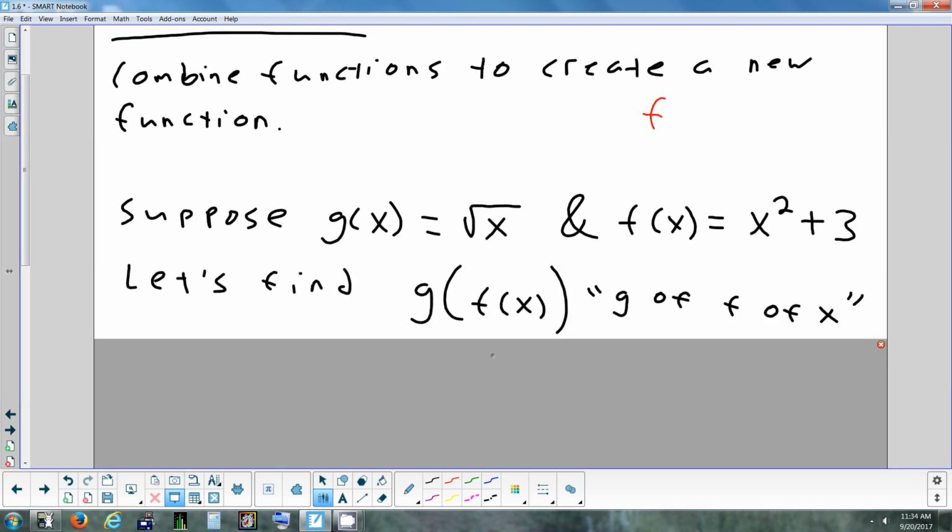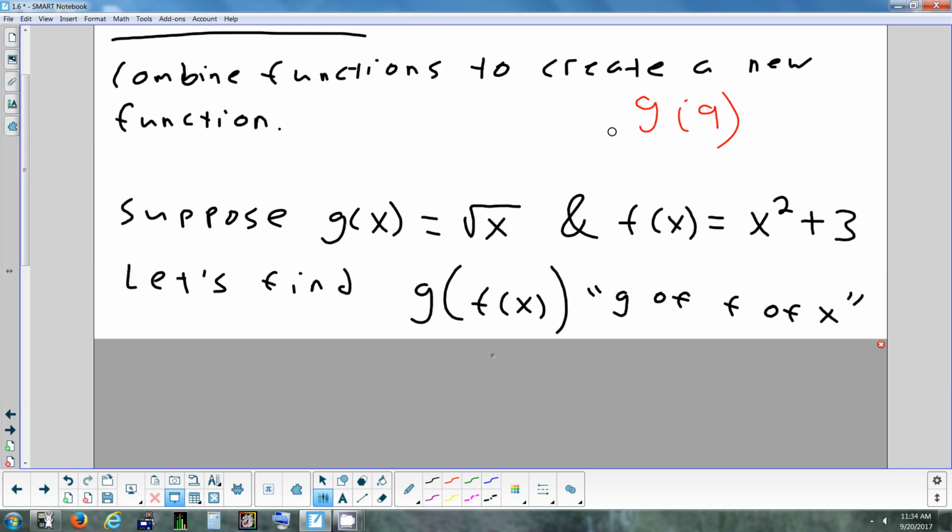Now, if I wanted to find, say, g of 9, what would that mean to do? If I want to find g of 9, what do I do with the 9? Plug it in where x is into the function g. Take the variable, replace it with what they give you.